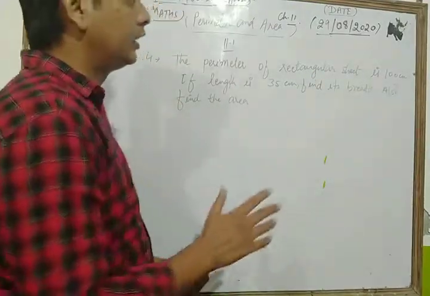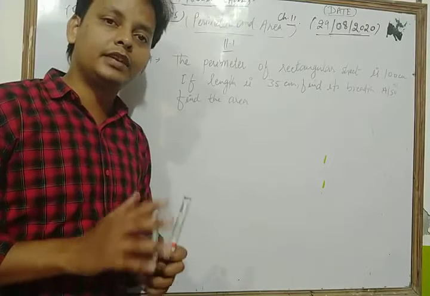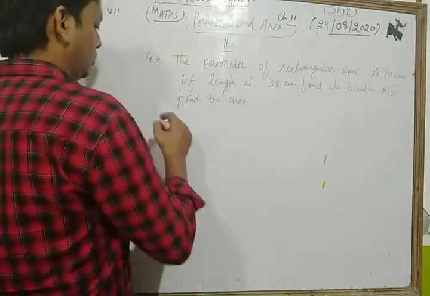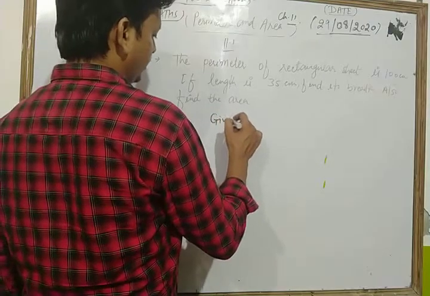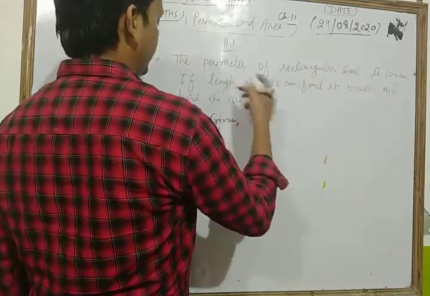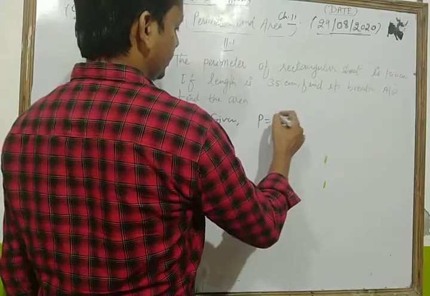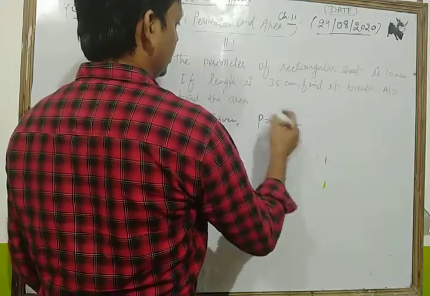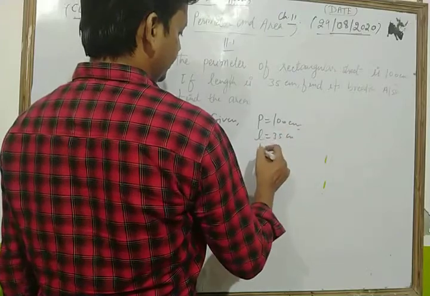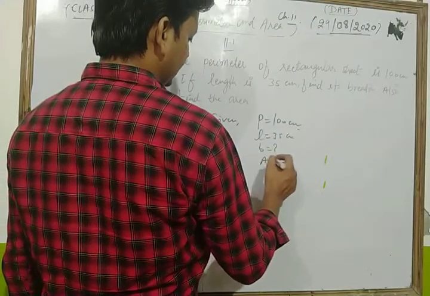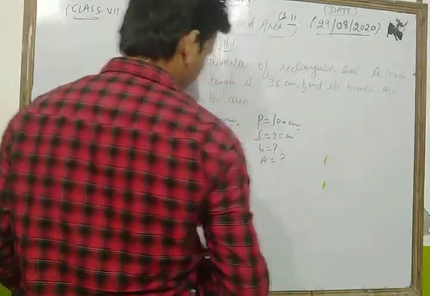So first of all, we write what is given. Perimeter of the rectangle is 100 centimeter. Length is 35 centimeter. First we find the breadth, and then we find the area of that sheet.